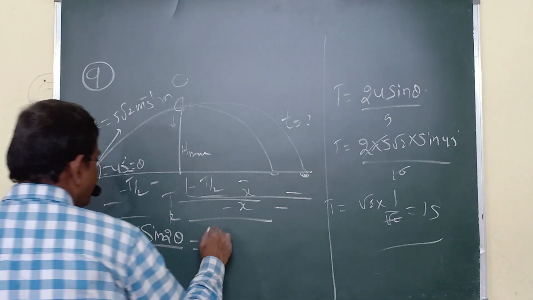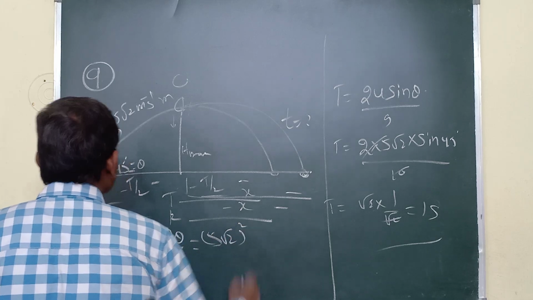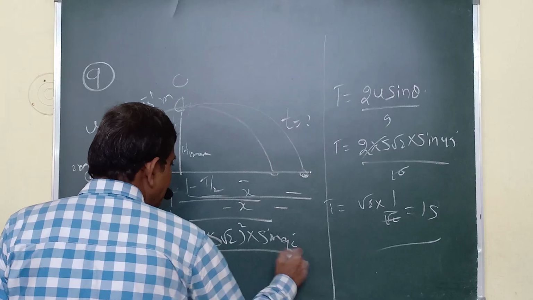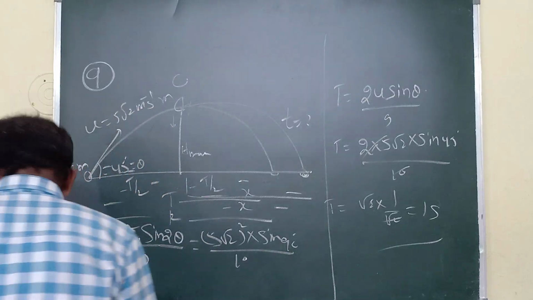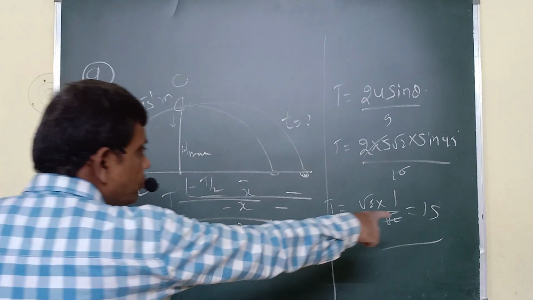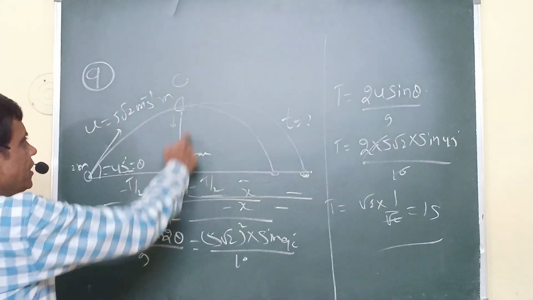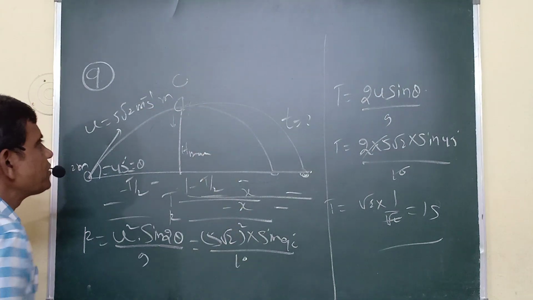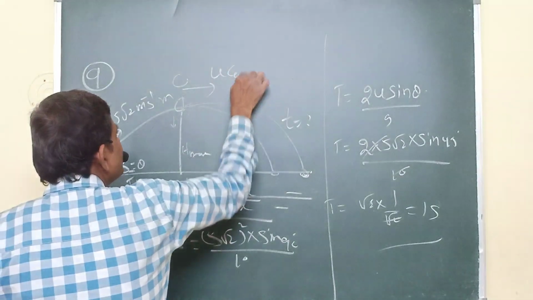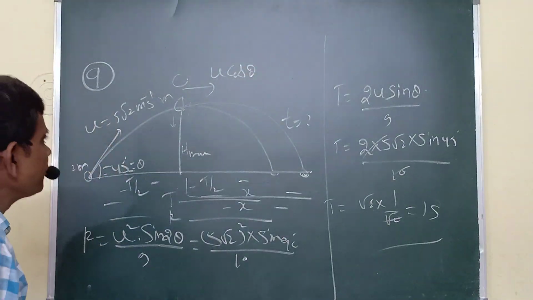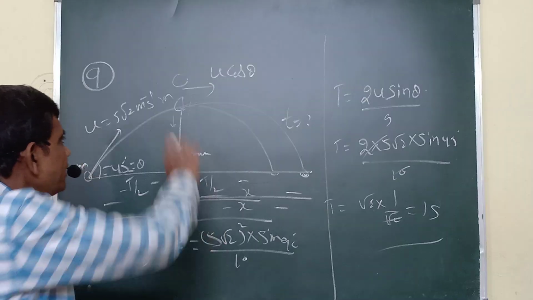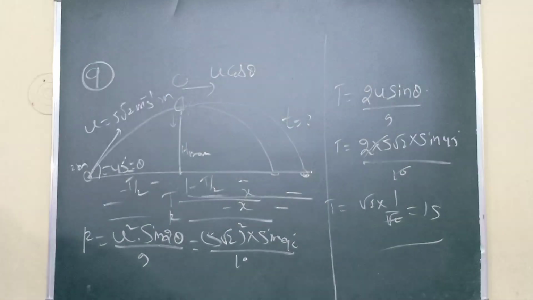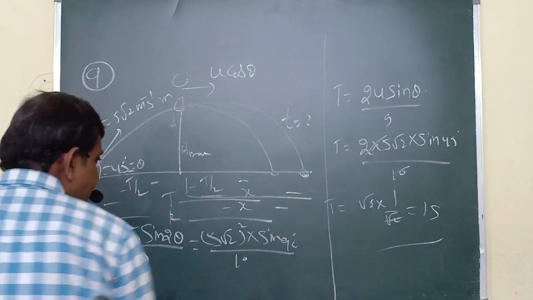So u square is 5 root 2 whole square into sin 90 by 10. T equal to 1 second means after 0.5 second definitely it is at the maximum height. At the maximum height only it is splitting. At the maximum height, what is the velocity? Only u cos theta velocity is there. At that time only it is exploding into two equal parts. So here, what is the range? That is the value of the range.